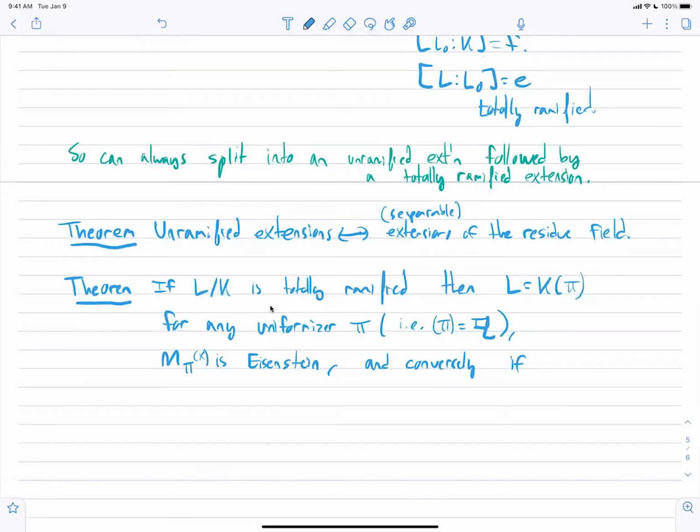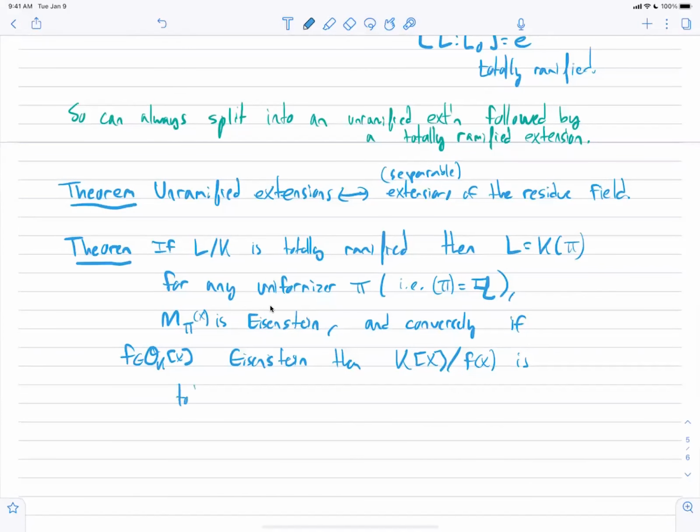And conversely, if f is Eisenstein, then K[x] mod f(x) is totally ramified.